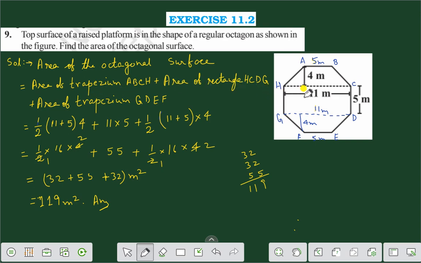Area of trapezium is half into sum of parallel sides into height, that is half into 11 plus 5 into 4, plus area of this rectangle, 11 into 5, plus half into 11 plus 5 into 4. Therefore, we are getting 32 plus 55 plus 32, and we get 119 meter square. Therefore, the area of the octagonal surface is 119 meter square.